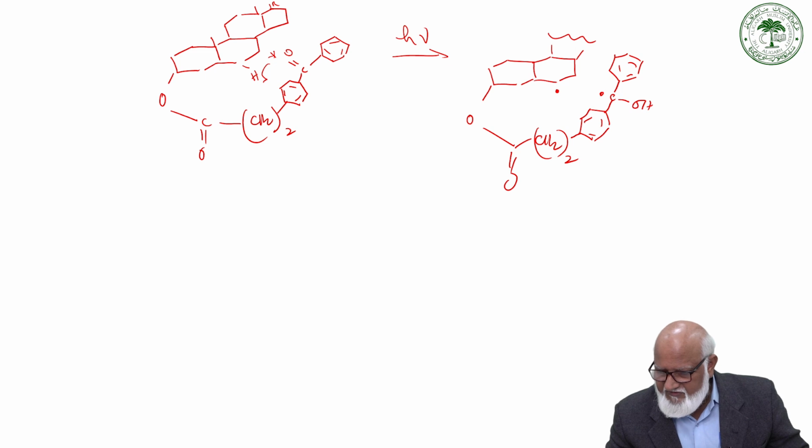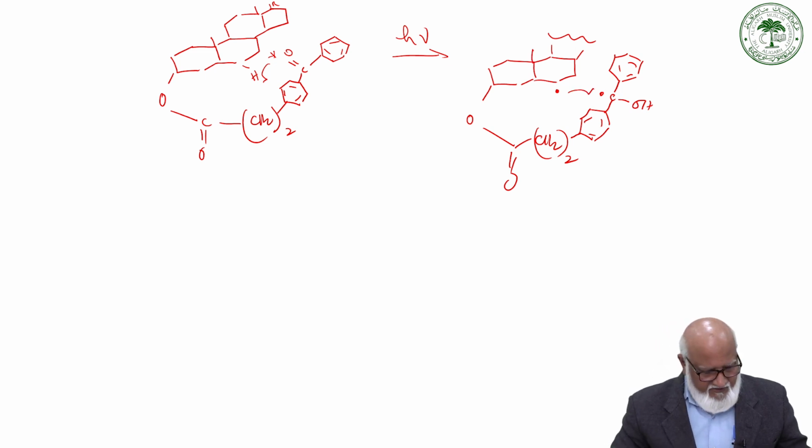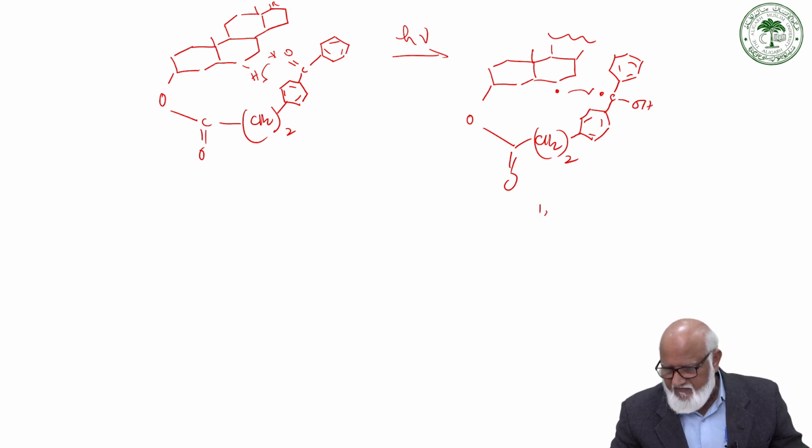This will once again combine, a methyl group. This is a 1,14 diradical, because if we number this 1 2 3 4 5 6 7 8 9 10 11 12 13 14 carbons, 1,14 diradical.